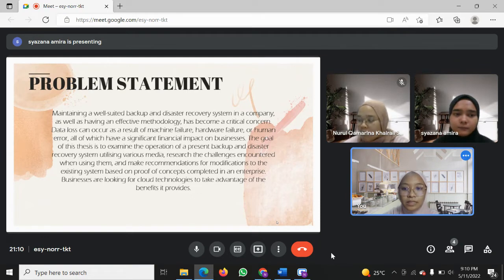The goal of this thesis is to examine the operation of a present backup and disaster recovery system utilizing various media, research the challenges encountered when using them, and make recommendations for modifications to the existing system based on proof of concepts completed in an enterprise. Businesses are looking for cloud technologies to take advantage of the benefits it provides.